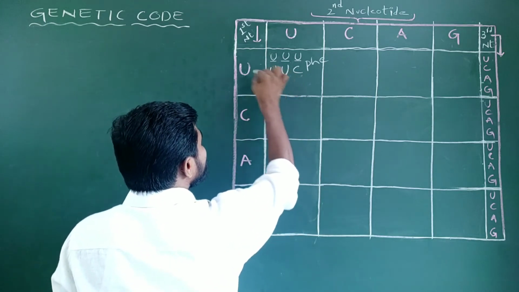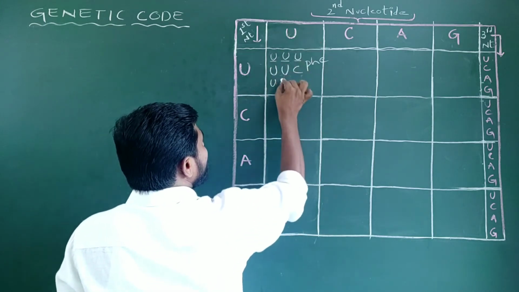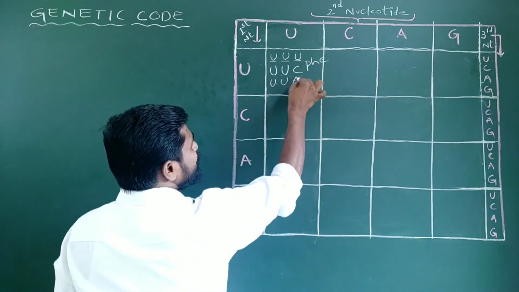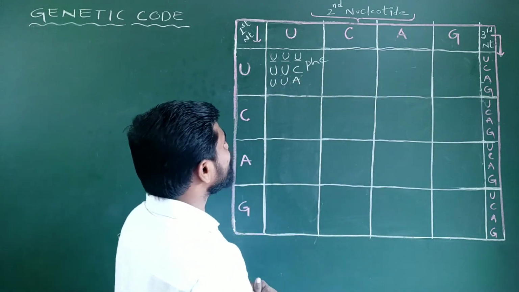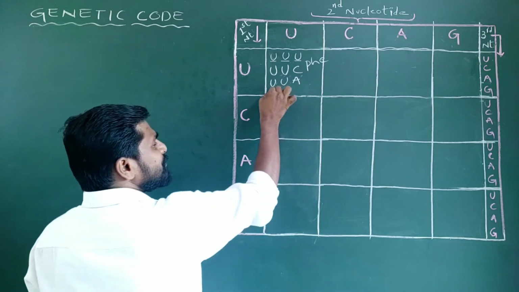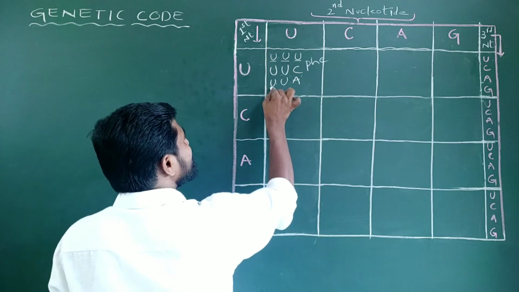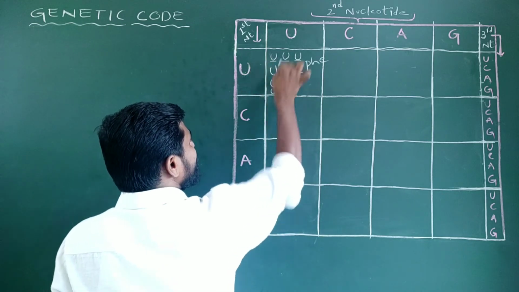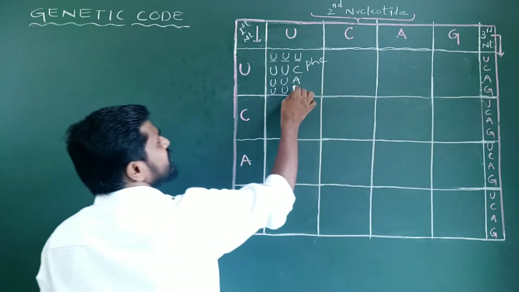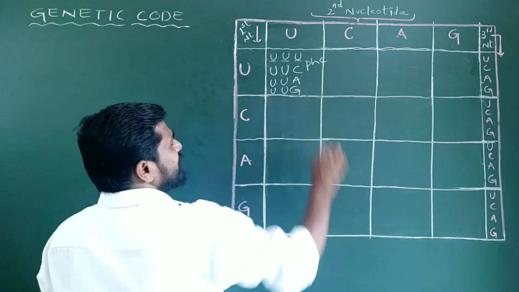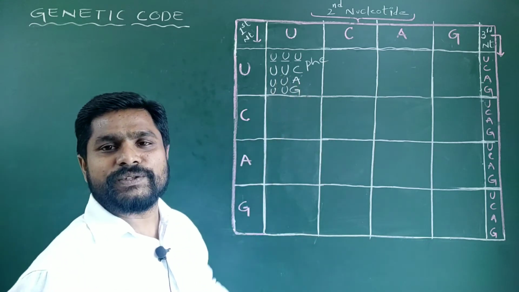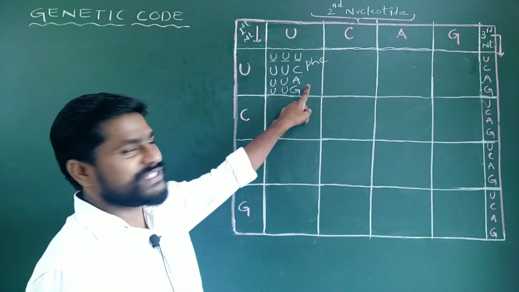This is the first nucleotide U, the second nucleotide U, and the third nucleotide A. UUA is a triplet codon which codes for leucine. And the fourth triplet codon of this box is U, the first nucleotide, U, the second nucleotide, and G as the third nucleotide, which makes a triplet codon UUG, which also codes for an amino acid leucine here.